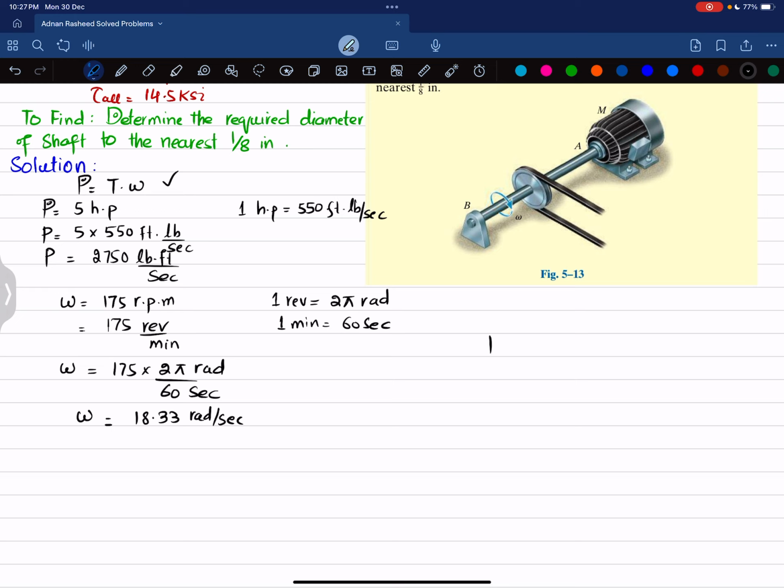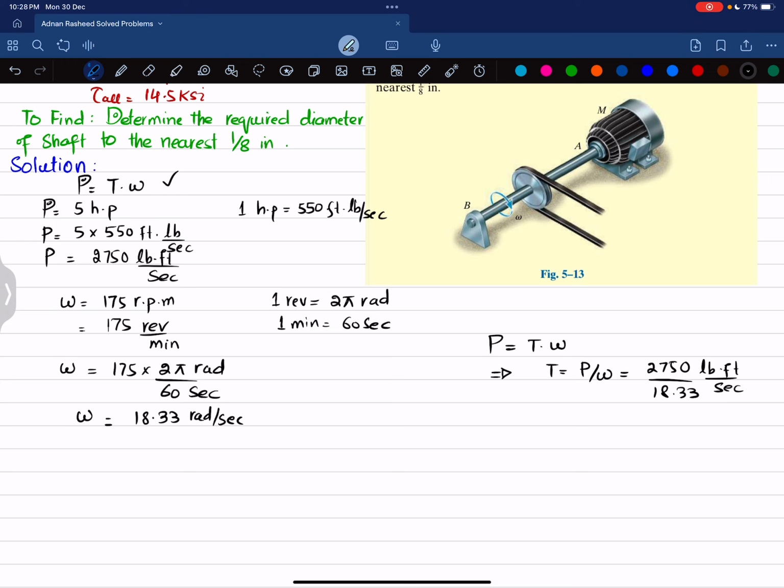Okay, once you get this P and omega, from the equation we have written, that power is equal to torque multiplied by omega, from here you will get the torque equal to power divided by omega. So power is 2750 pound-feet per second divided by omega, which is 18.33 radians per second.